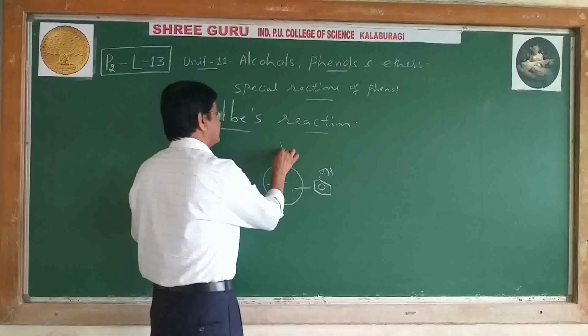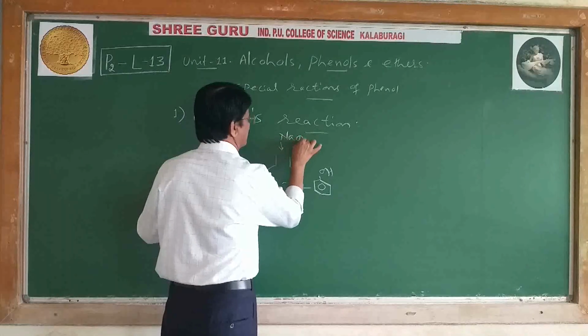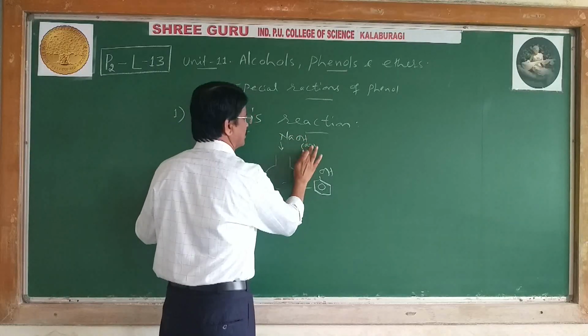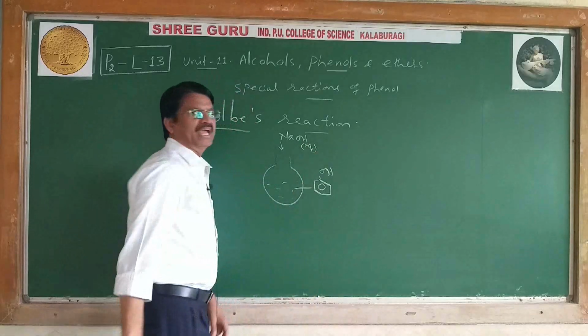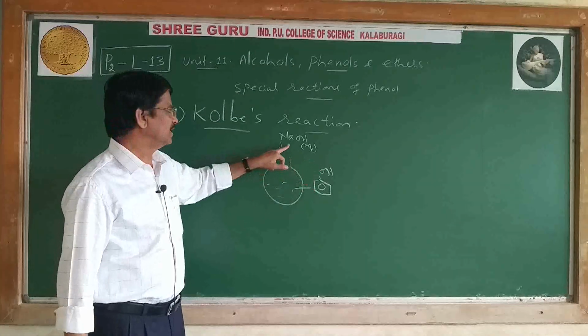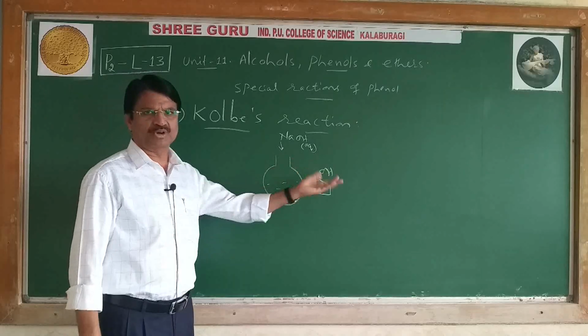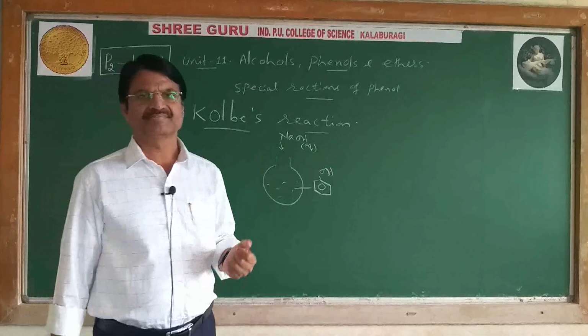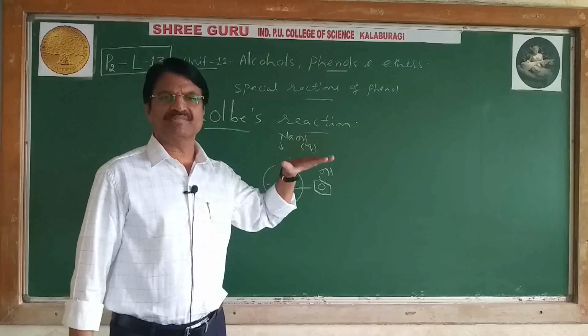Then to this add sodium hydroxide dissolved in water, aqueous NaOH. You know phenol is acidic and NaOH is a base. These 2 react to form the salt sodium phenate. At this stage we get sodium phenate.